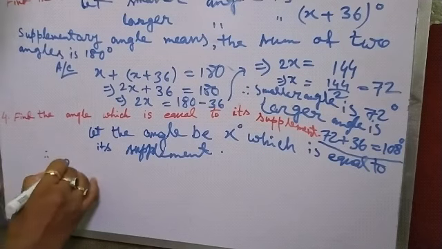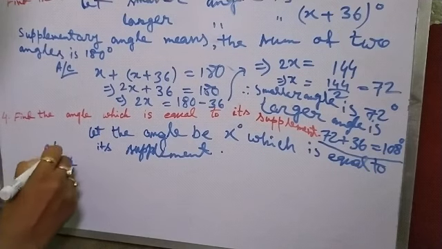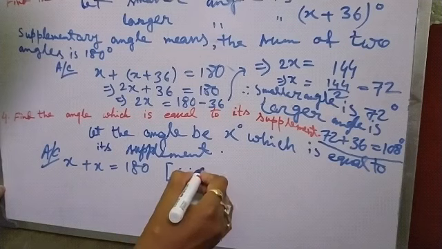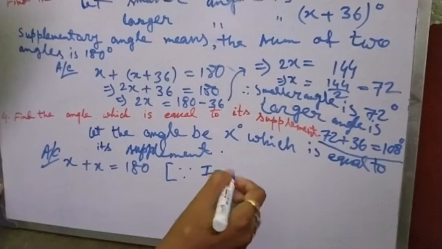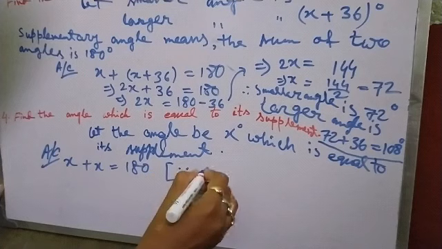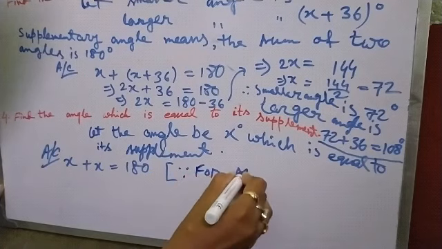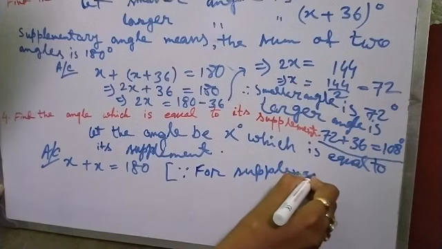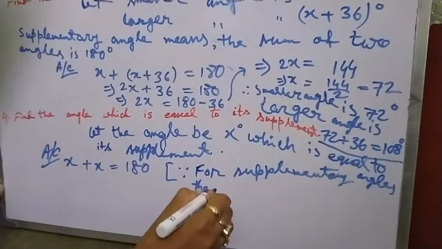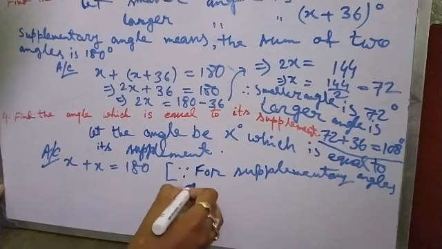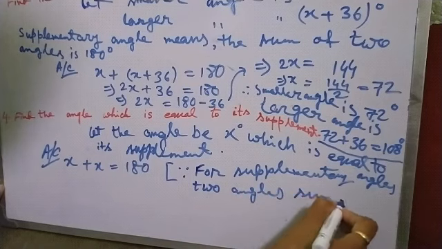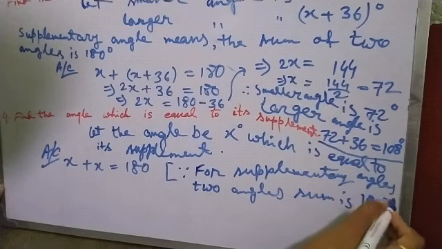Therefore, according to the condition, x plus x equal to 180 degree, because for supplementary angles the sum of the two angles is 180 degree.